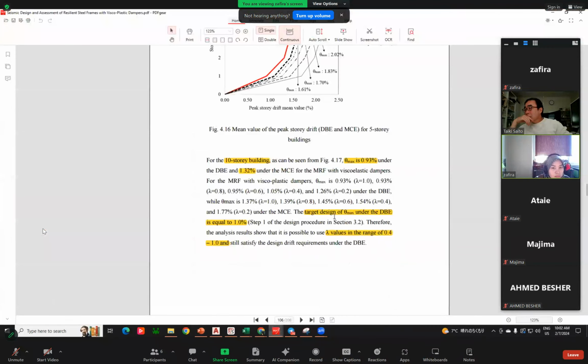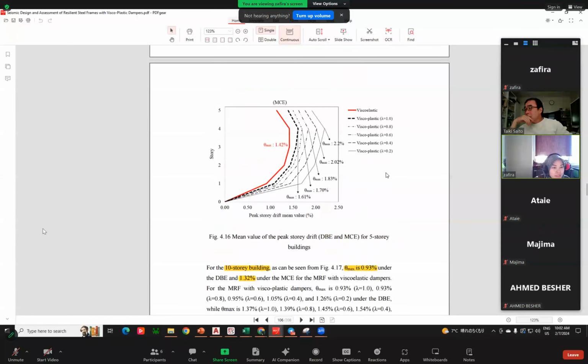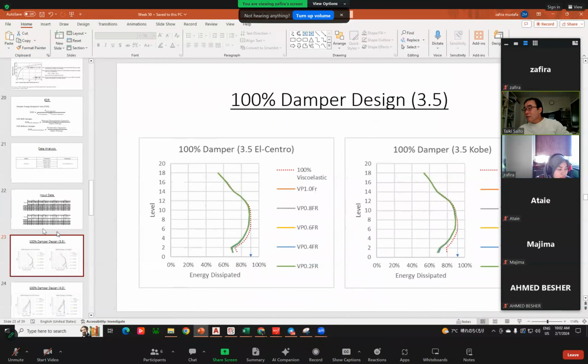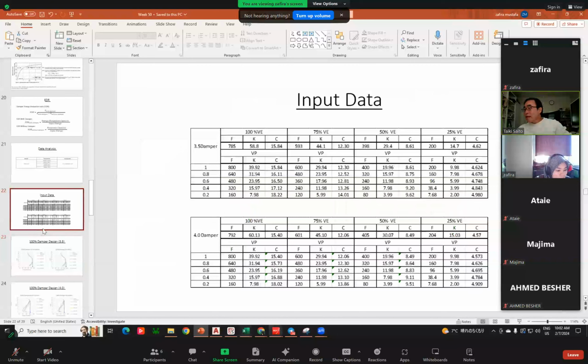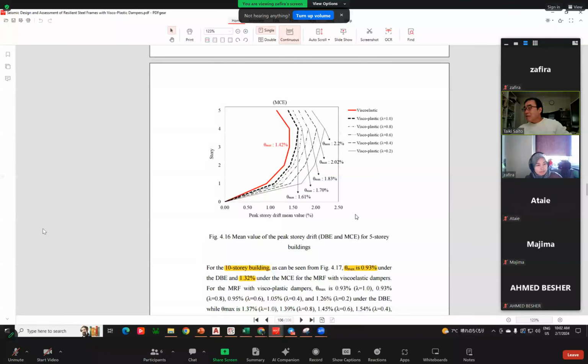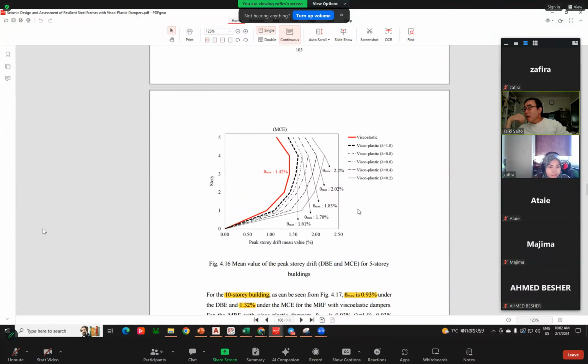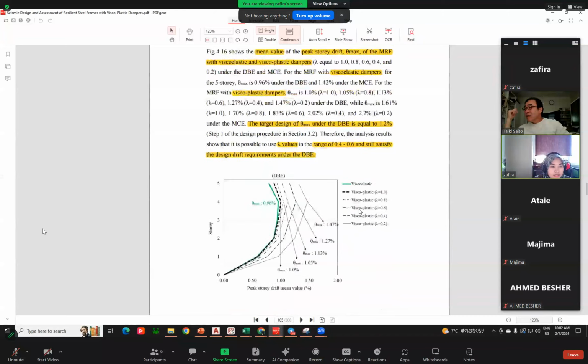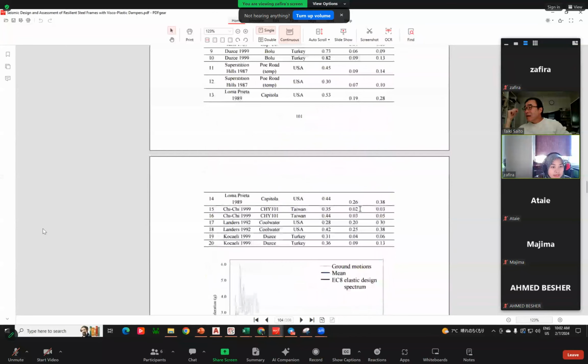This paper. Do you remember this paper, Sensei? They use a lambda for the friction damper to check the performance of the structure. And then here's the result. Could you go back to the paper? Could you show me the model? This is a frame resistant structure, a frame structure.